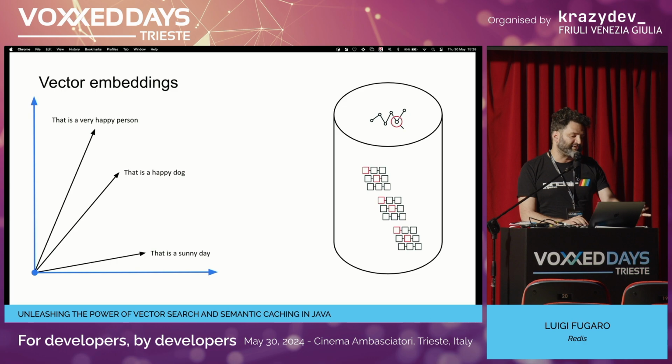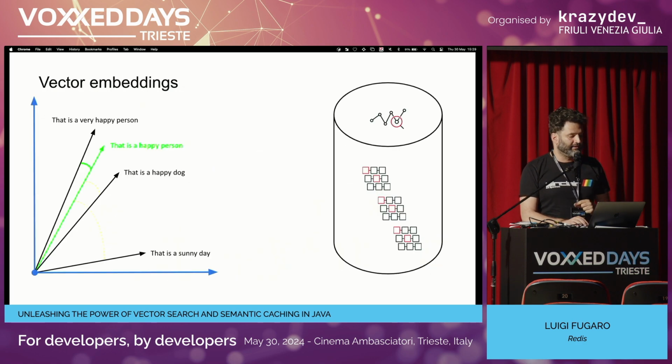And if you represent this in a bidimensional space, you can see that that is a happy person is closer to the other sentence that is a very happy person, because we applied the cosine similarity, which calculates the angle between the two vectors, the one in input and the other ones.